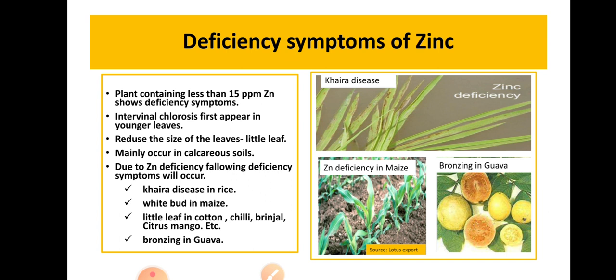Mainly zinc deficiency occur in calcareous soil. Due to zinc deficiency, the following deficiency symptom will occur: Khaira disease in rice, white bud disease in maize, little leaf disease in cotton, chili, brinjal, citrus, etc., and bronzing in guava.